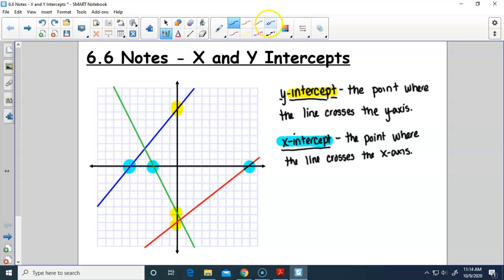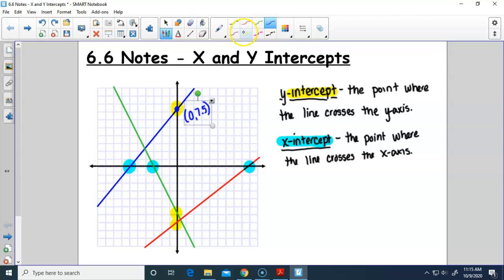I'm going to look at the coordinates of each one of these points. Like right here, I'm going to have to guess a little bit. It looks like it's about 7.5 or so on the y-axis. So your x-coordinate is 0, and you'd have 7.5 as your y-coordinate, or something close to that.